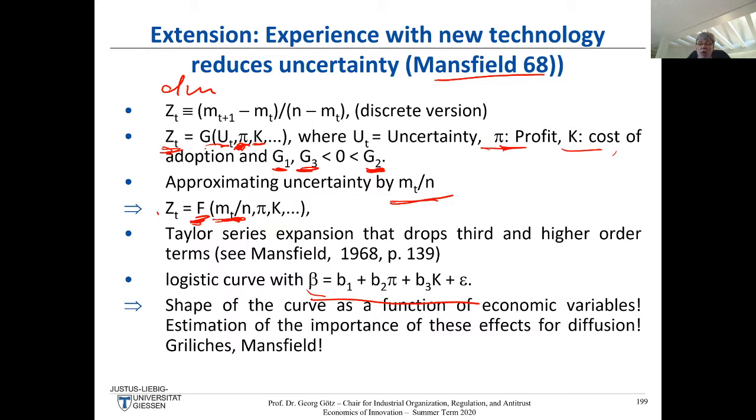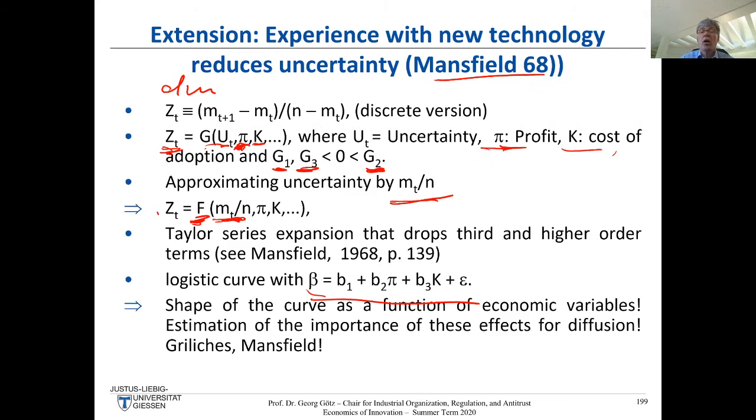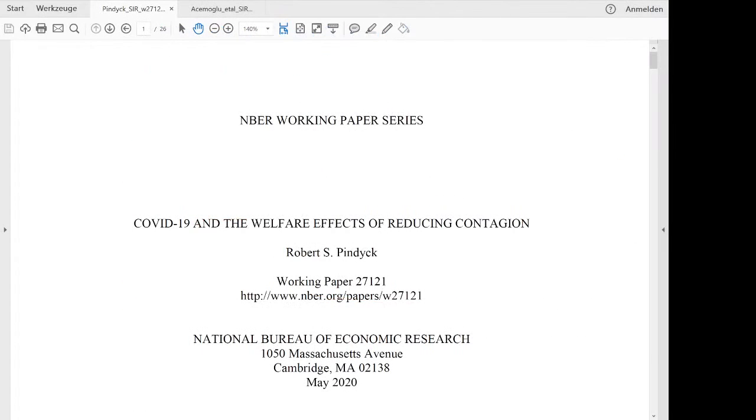The point is now, actually, I did what I wanted to do. I wanted to stop here anyway, but if you have another 2 minutes, I would relate that to the current discussion about COVID-19, because actually what we see is a huge literature starting.